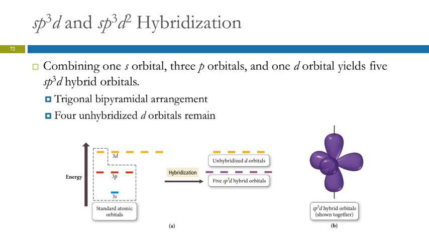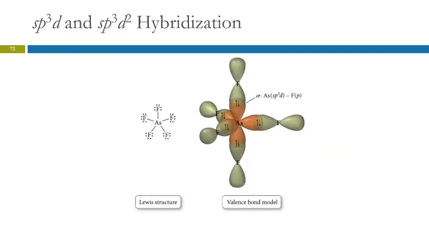So you put those together and you end up with a shape like this. That looks a lot like those balloon shapes I made the other day, right? This is five things spreading out in three-dimensional space. It's trigonal bipyramid. So arsenic pentafluoride does this.